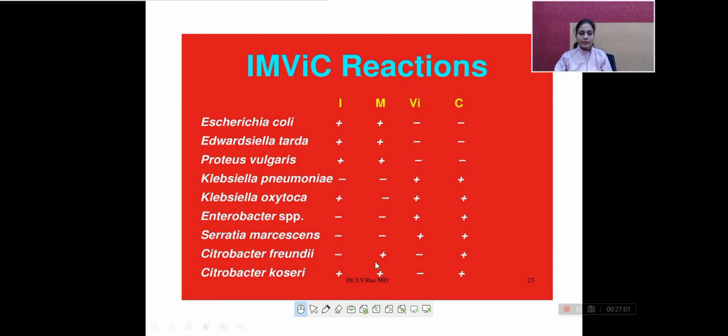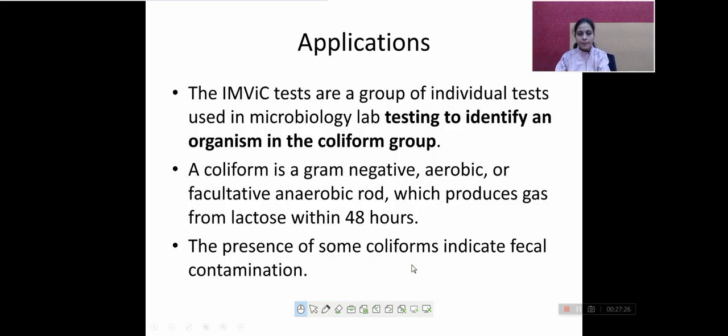Application of the IMVIC test. The IMVIC tests are a group of individual tests that are used in microbiology lab testing to identify an organism in a coliform. Mainly it is used to identify coliform bacteria or a family of Enterobacteriaceae. Right? What is a coliform? In the starting slide I already discussed what a coliform is.